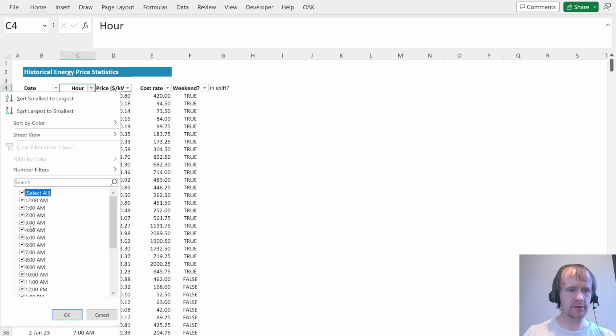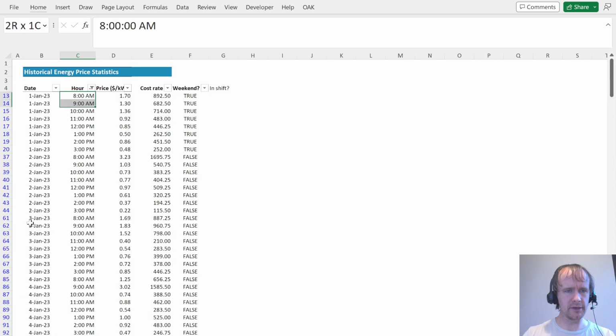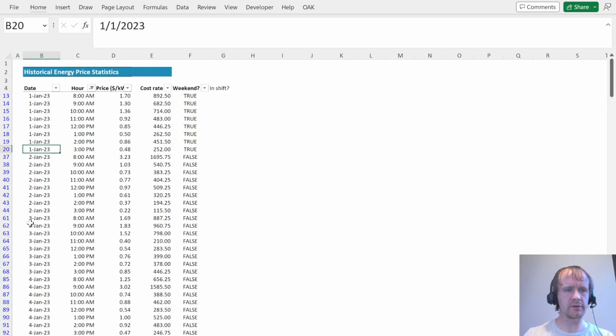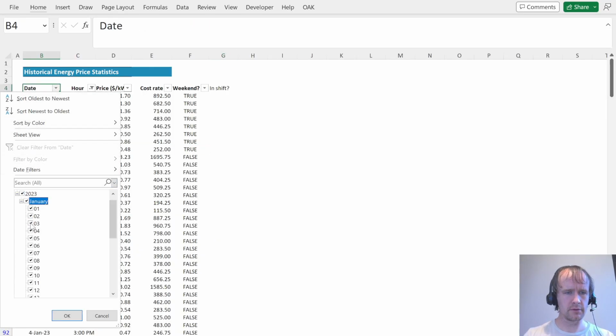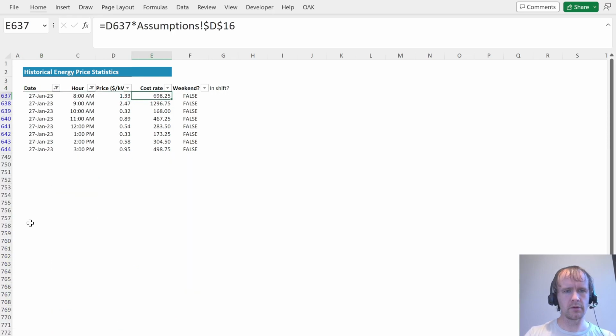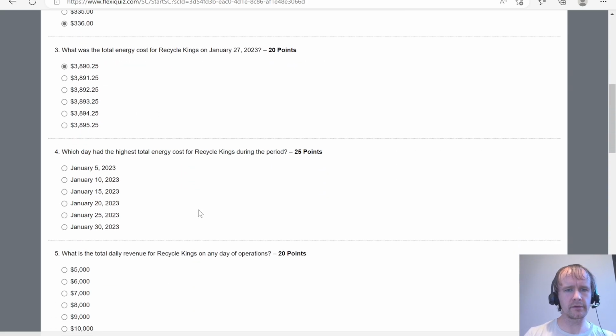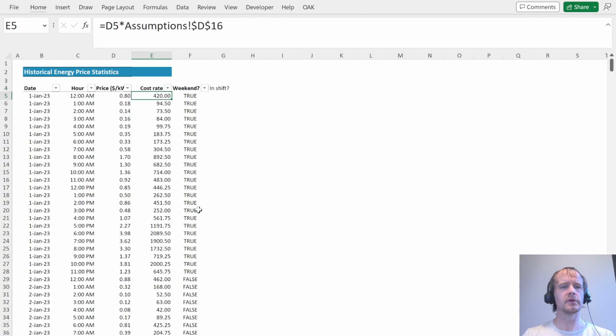I'm just going to do this manually for the base shift. So 8, 9, 10, 11, 12, 1, 2, 3. And they get off to 4, so there should be 8 hours in each day. And there are, so that's good. And what's the question? January 27th. $3890.25. Good.